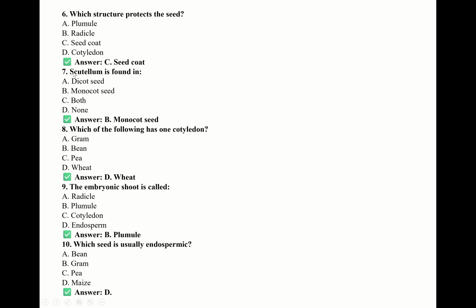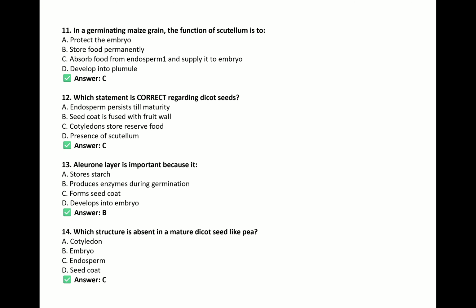This you should remember. Scutellum is shield shaped. Sometimes it may be asked in the examinations. So what is the function of the aleurone layer? It produces enzymes during the germination process.